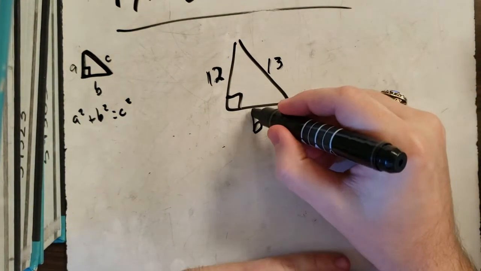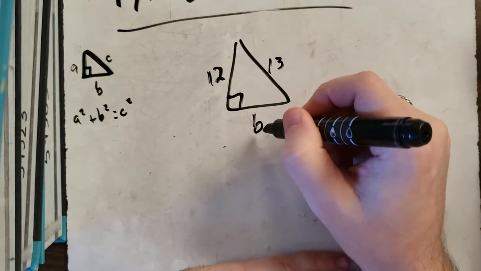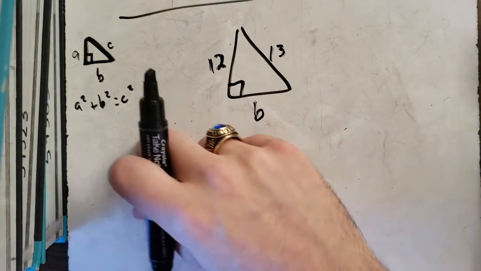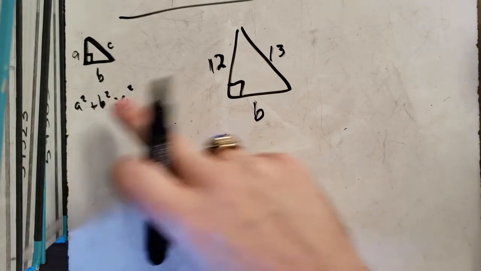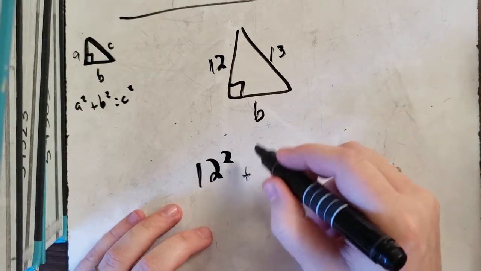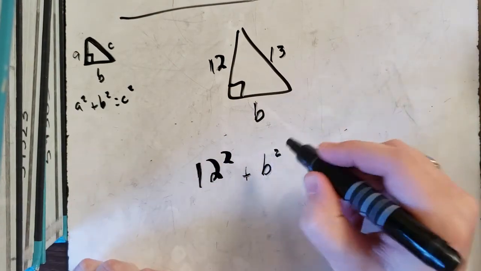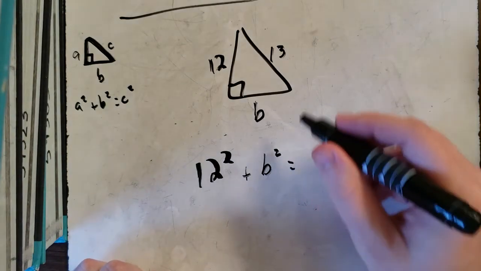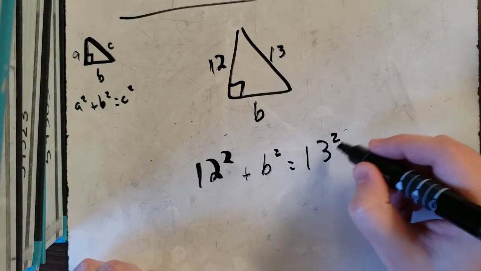So we need to find our B. We have A, we have C, we need to find B. We're still going to plug it into our formula. Our A squared, so 12 squared, plus, and we don't have B, so we need to find B squared. And then our C squared is 13 squared.